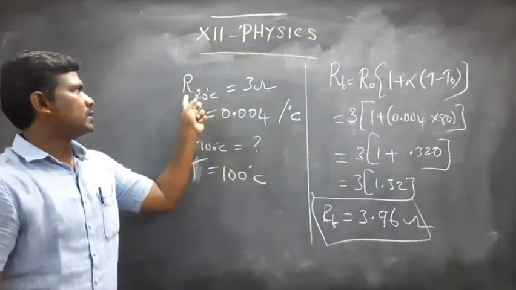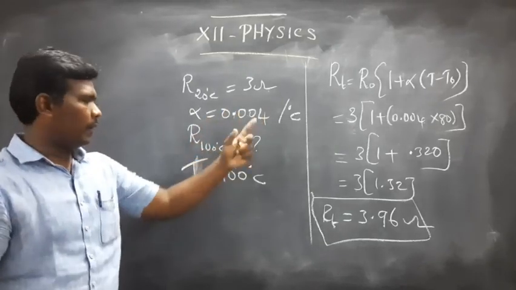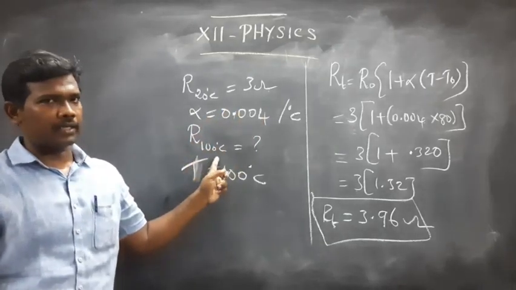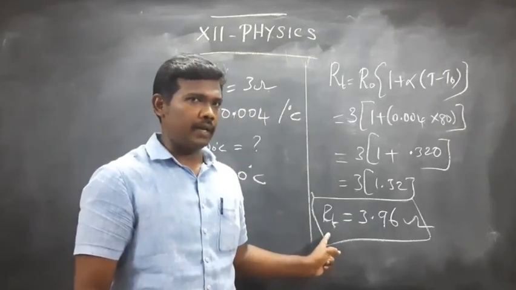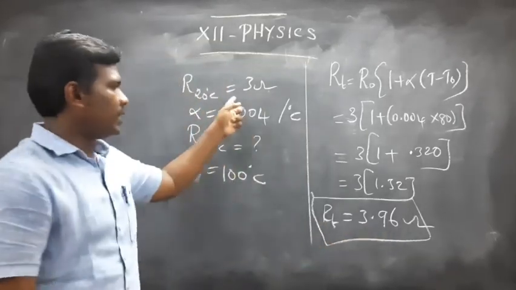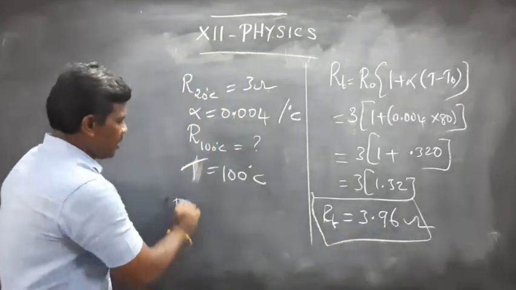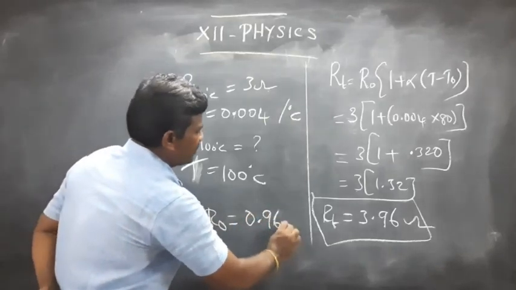The resistance of the coil at 20 degrees Celsius is 3 ohm, and if you raise the temperature to 100 degrees Celsius, the resistance of the material also increases. The final value is 3.96. So the increase in resistance, RT minus R naught, is 0.96 ohm.